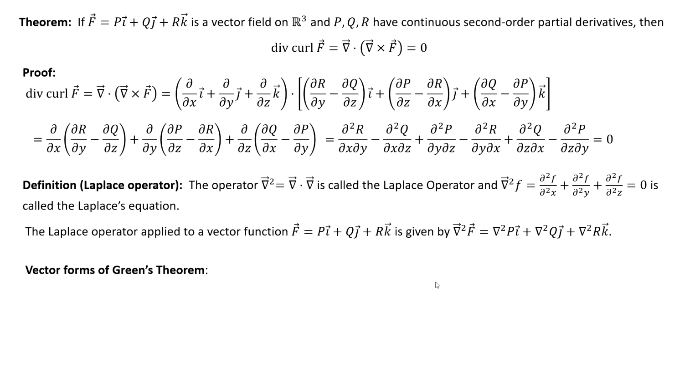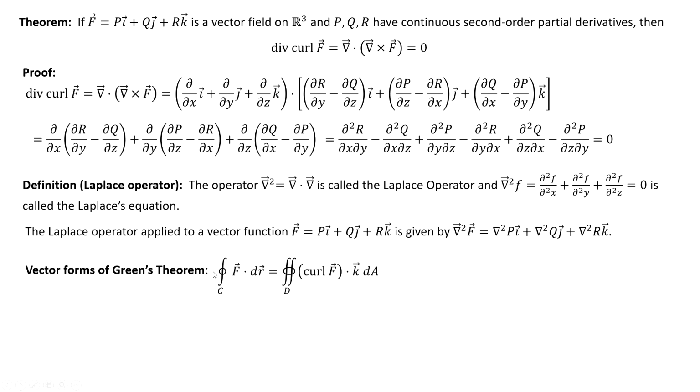Cool. All right. Vector forms of Green's theorem. What learning about this curl does is that Green's theorem can be applied even to 3 dimensions, but you need the concept of curl.